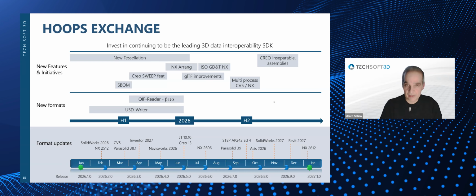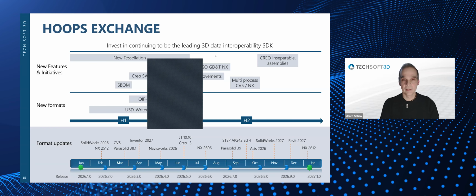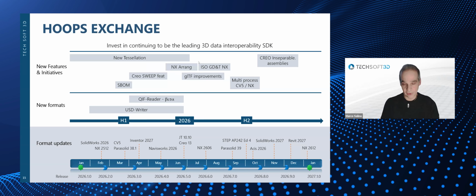There's also the systematic bill of materials generation, which is a kind of cross-product effort as well. And of course, last but not least, here is the timeline for our format updates. They didn't have a slide on their own, but rest assured they stay at the core of our efforts. We'll do all we can to keep delivering updates in a timely fashion.